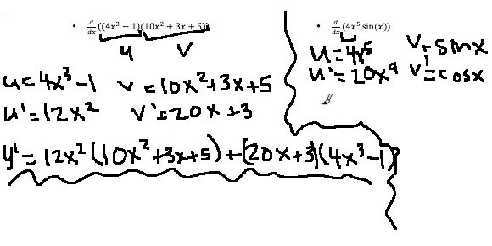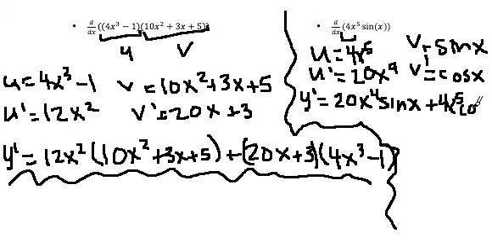And then all we do is our derivative is going to be equal to 20x to the 4th times sine of x plus 4x to the 5th cosine of x. So there is our answer. We cannot combine like terms or anything, so we're going to keep it just like this. All right, that was the product rule.